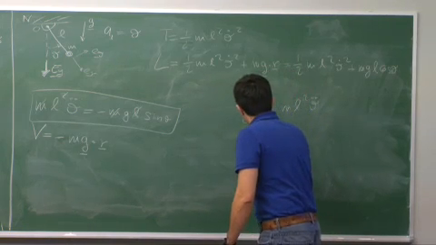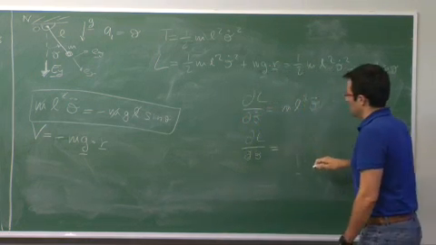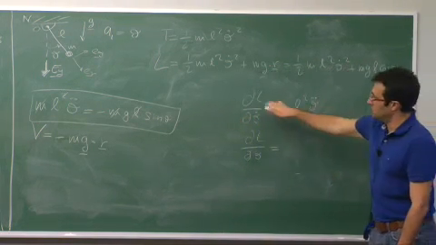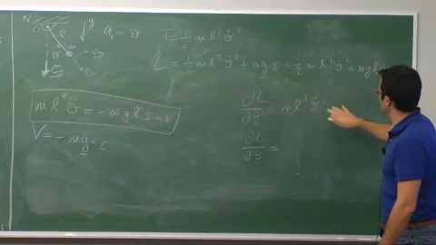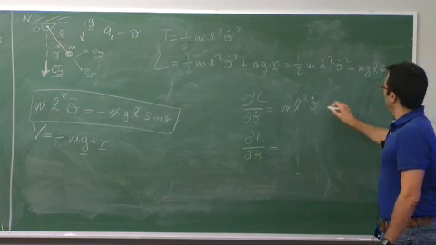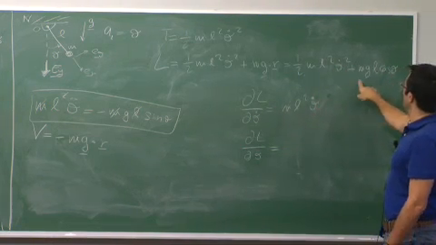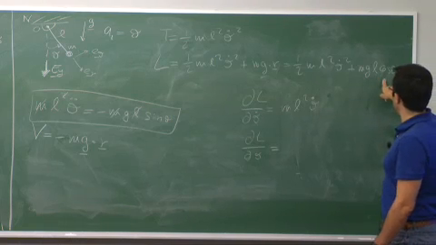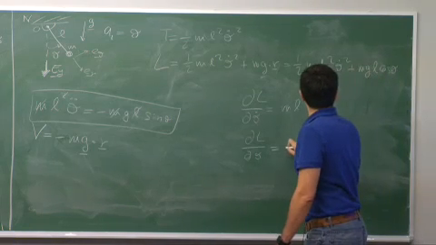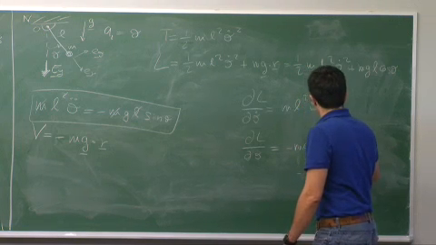Then the partial of L with respect to theta. I'm not doing the derivative with respect to time for now. Oh, I'm sorry, there's no double dot, of course. And so dL/d theta, this is L. There is no theta here. There is a theta here. It is minus mgL sine of theta.